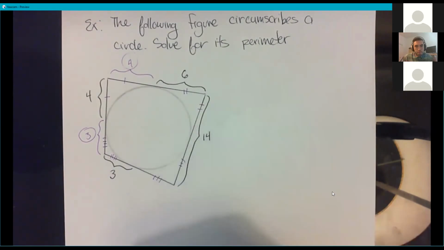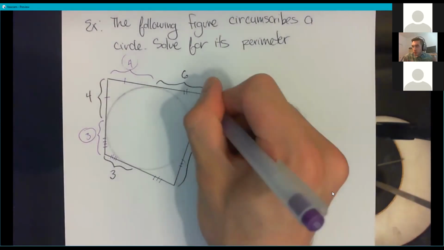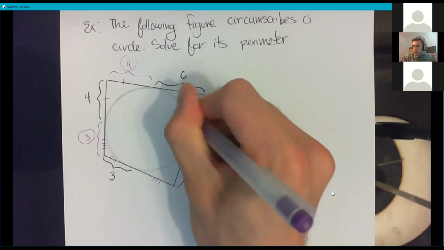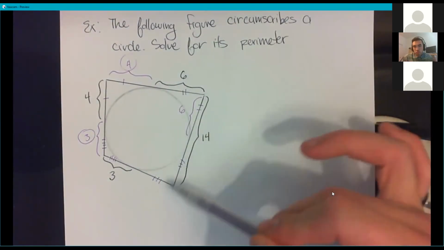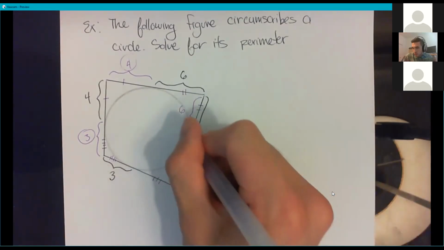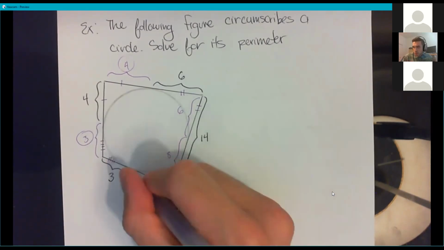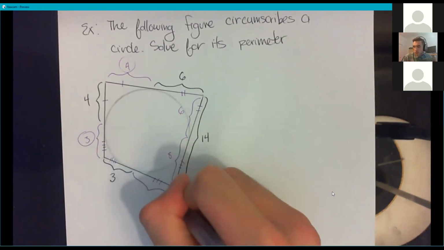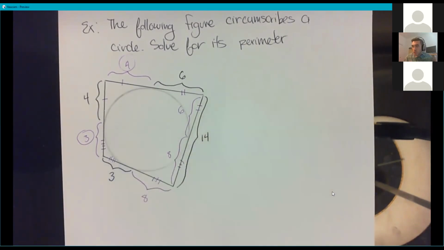You could do 14 minus 6. Good, this is 6, and these two are congruent, so therefore this piece here has got to be 6. And then subtraction tells us that this missing piece is what? 8. This missing chunk there has got to be 8. So therefore, big brain moment, this last piece that we would need in order to get the perimeter is also 8. So now all we have to do to get the answer is go around and add them up.